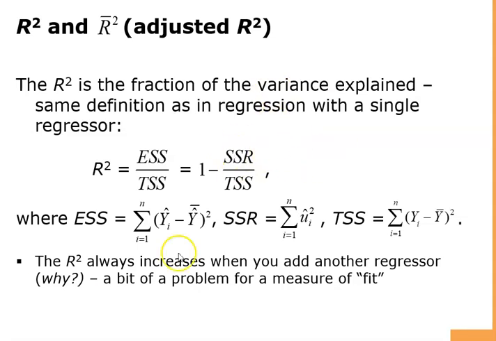So because of that, this fraction SSR over TSS will actually become smaller, which means that 1 minus this fraction will be a bigger number. So R square will actually increase. You can also take a look at how ESS will change. If another variable is included in the regression analysis, it would mean that more of the total variation is explained by the regressors. So this fraction will actually increase, which will mean that R square will increase.